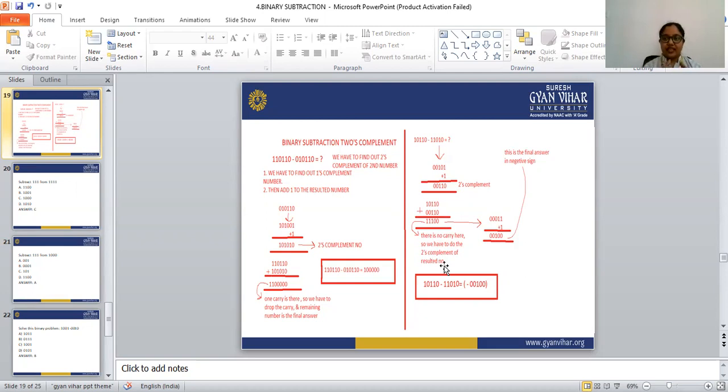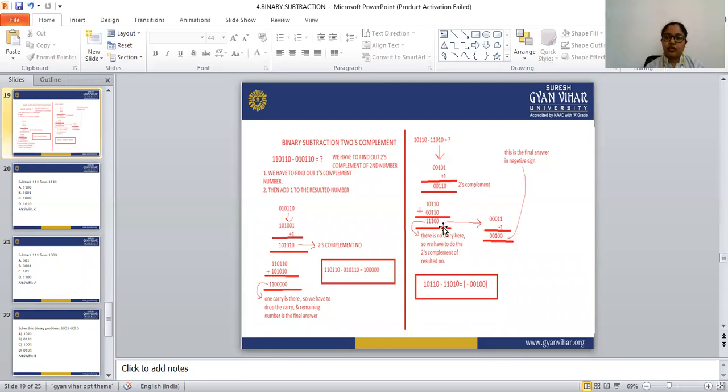If we get any extra 1 digit in the answer, we simply drop that extra digit from the left side, and the remaining number is our correct answer. Whereas if we don't get any extra digit, we have to find the 2's complement of the resultant number.